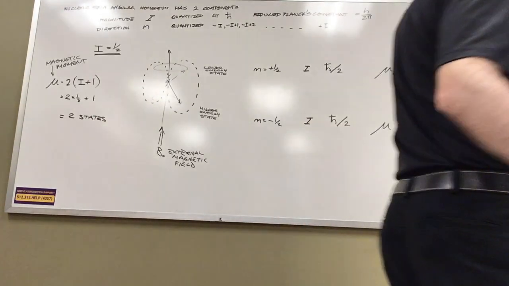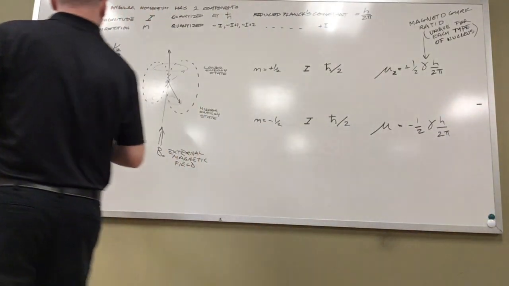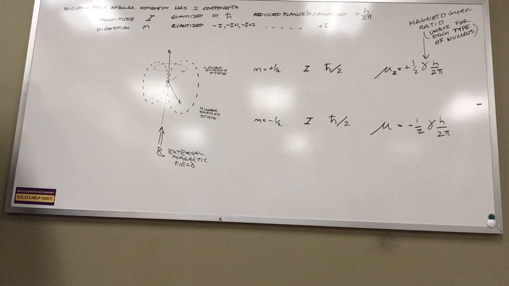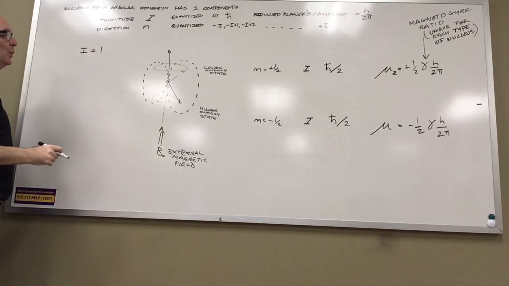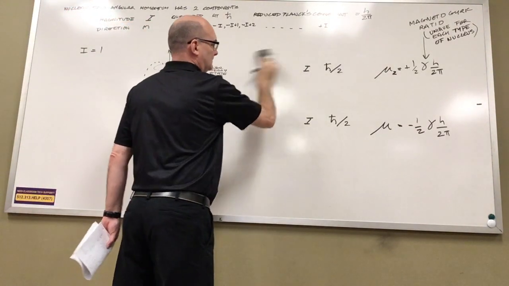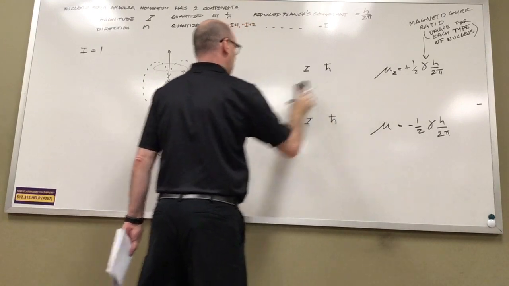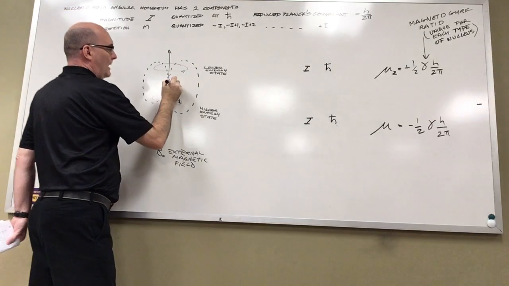When I is an integer, when I equals 1, you're going to have 3 states.